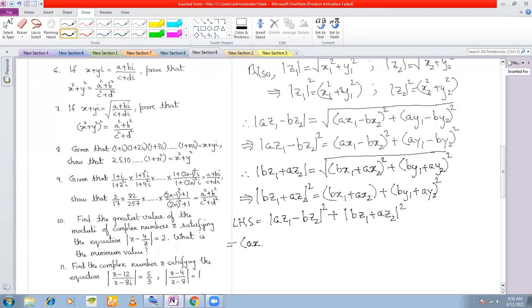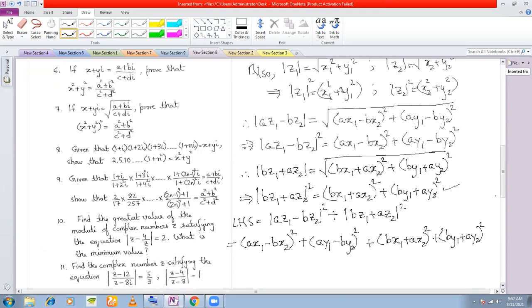We have calculated this to be (ax1 minus bx2) whole square plus (ay1 minus by2) whole square, plus, and for bz1 plus az2 we have calculated this to be (bx1 plus ax2) square plus (by1 plus ay2) square.